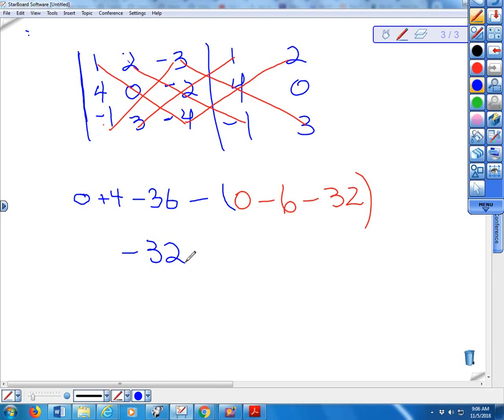This ends up being negative 38, and I'm subtracting the 2. Negative 32 plus 38 is 6.